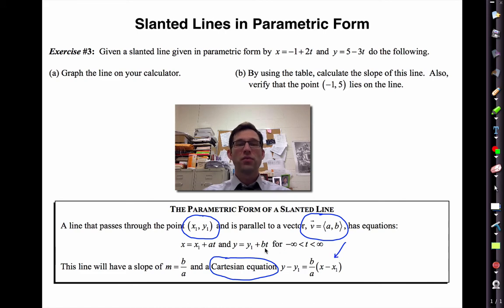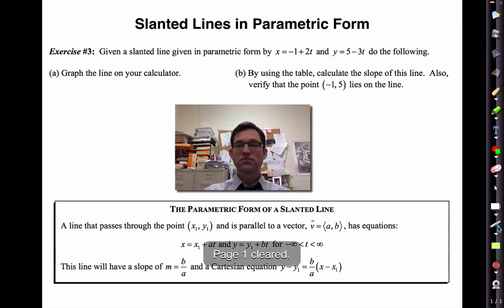We can always find the slope by finding the ratio of b to a, and then we have a point that lies on the line. All right, so we're going to get some practice with these ideas in the next problem.